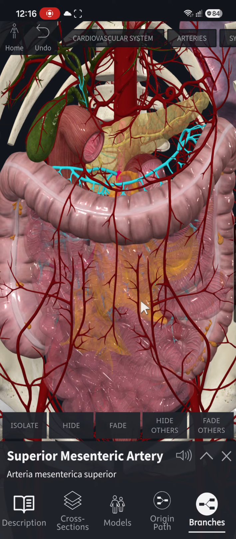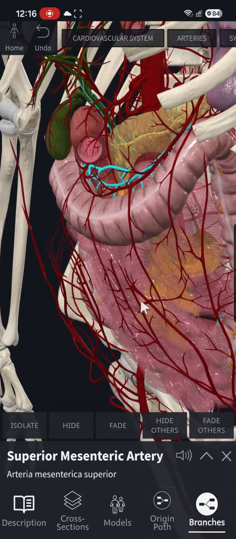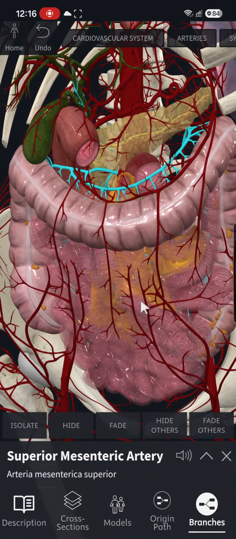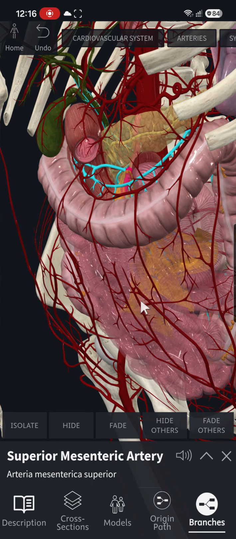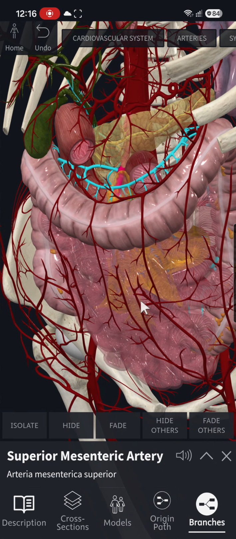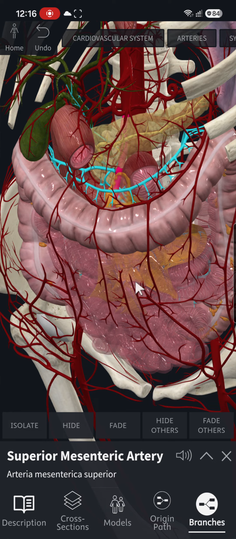So the first branch of the superior mesenteric artery is going to be the inferior pancreaticoduodenal artery, right? So right here, it gives off the inferior pancreaticoduodenal artery. So this is the superior mesenteric artery.